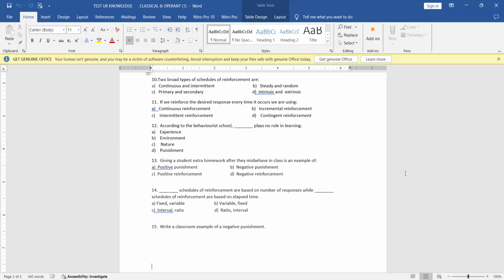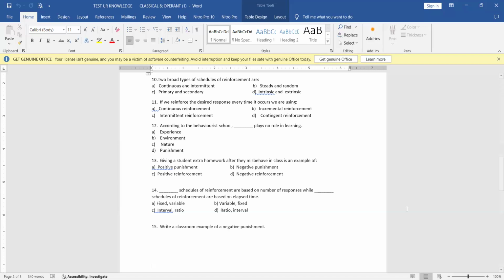Misbehave is good behavior or bad behavior? It is not negative punishment either. This must be punishment, because this is a misbehavior, so it cannot be reinforcement. Punishment is A or B. When you give something, is it positive or negative? Positive, ma'am. Right? Yeah, it's A.